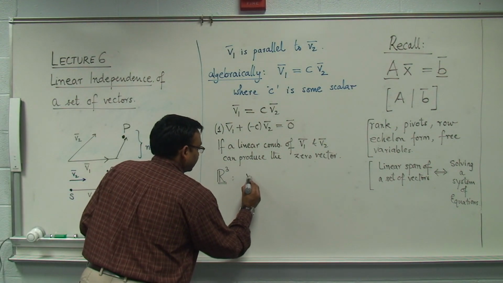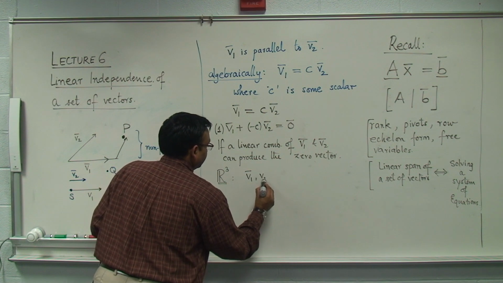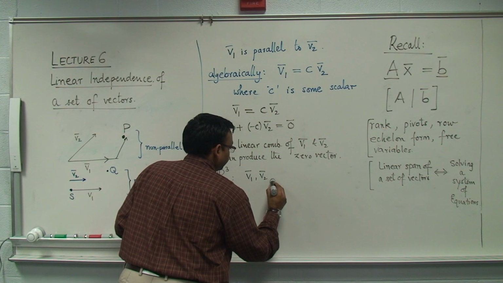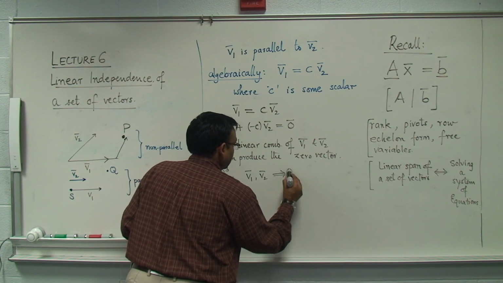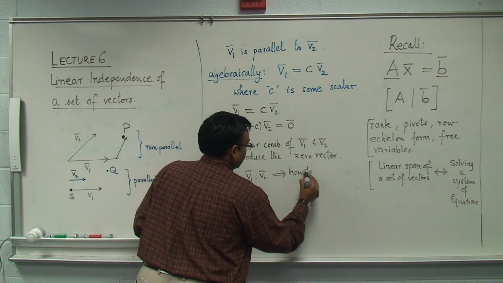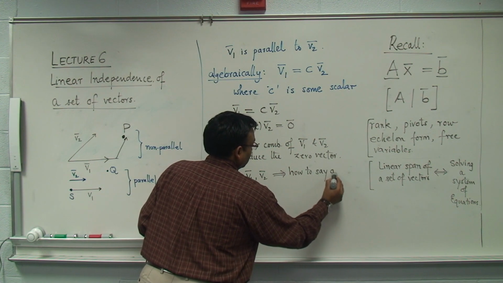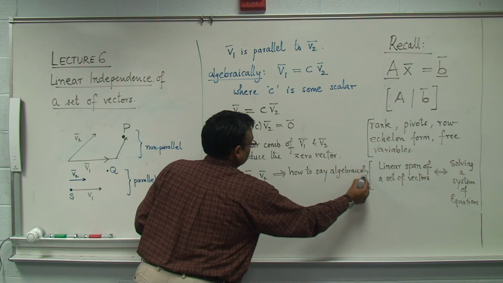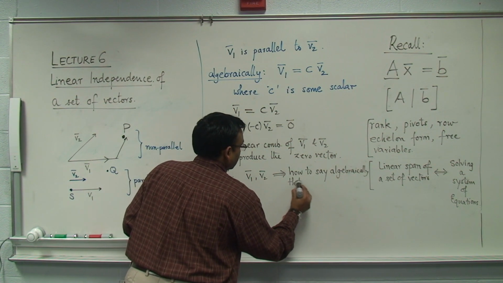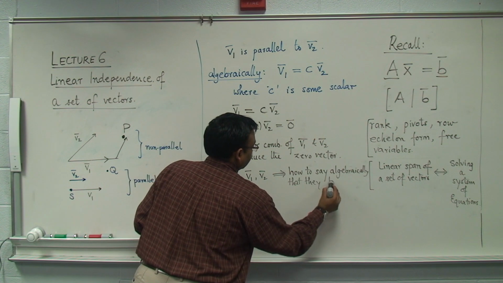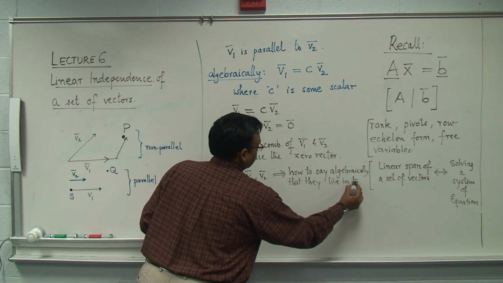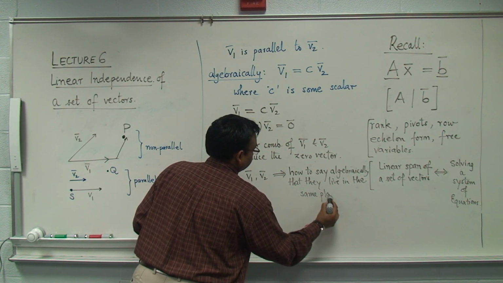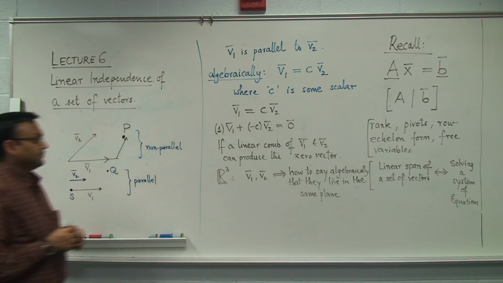So if I give you two vectors v1 and v2, how to say algebraically that they live in the same plane? Okay.